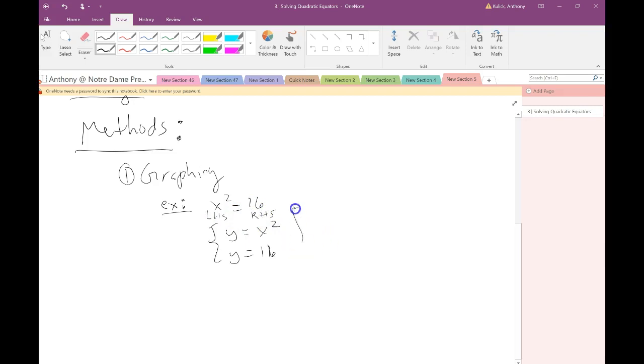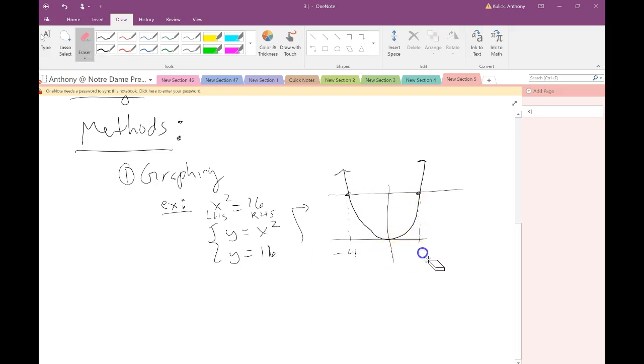So I would type this into my calculator. So y equals 16 will be a horizontal line. And then y equals x squared is going to be a parabola. So it's shaped a little bit like this. And then I'm just going to look for the intersections using my graphing calculator. And I get that the two answers are 4 and negative 4.